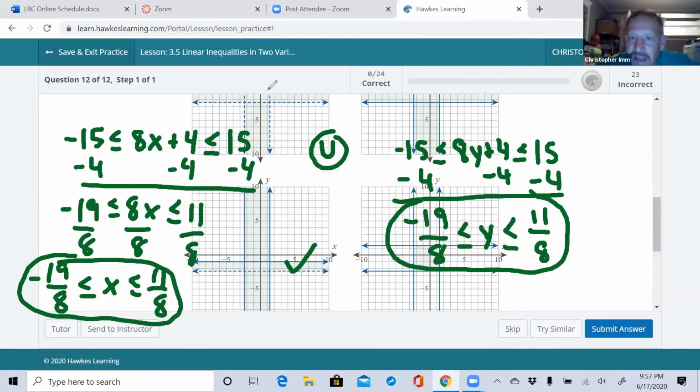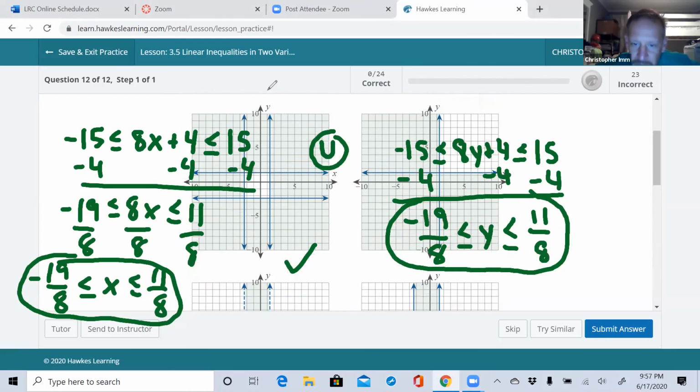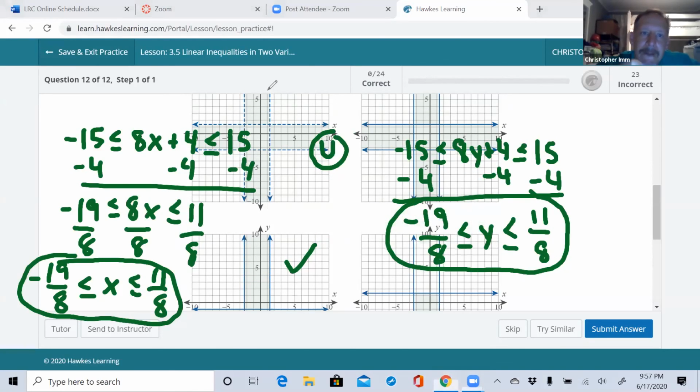So in fact, the only ones it looks like, to me at least, are these two here. It could be this one here, or it could be this one here.